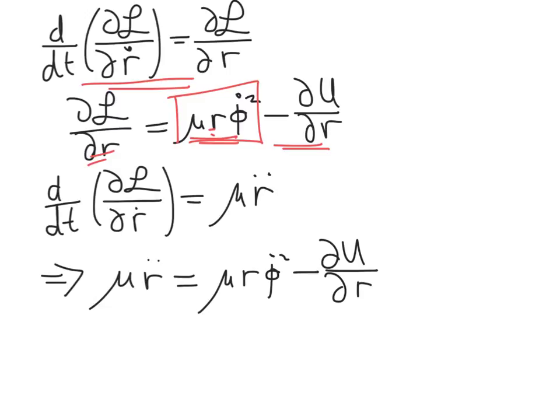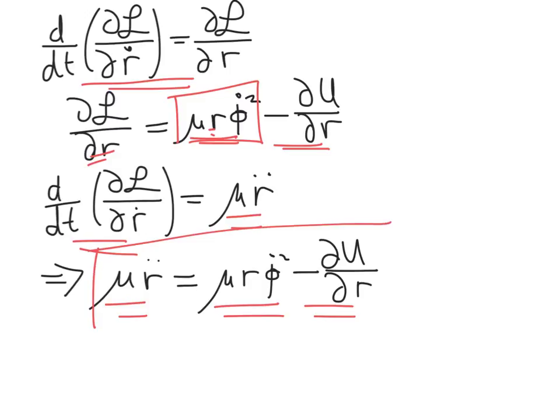The other term in the Euler-Lagrange equation on the left-hand side is right here, and there's only one r dot dependence in the Lagrangian, so taking a time derivative of that generalized momentum for the r coordinate, we get mu r double dot. And so our equation of motion for this system is mu r double dot equal to mu r phi dot squared. That's going to turn out to be the centrifugal acceleration, minus the partial with respect to r of the potential energy function. This is our equation of motion for the r coordinate.